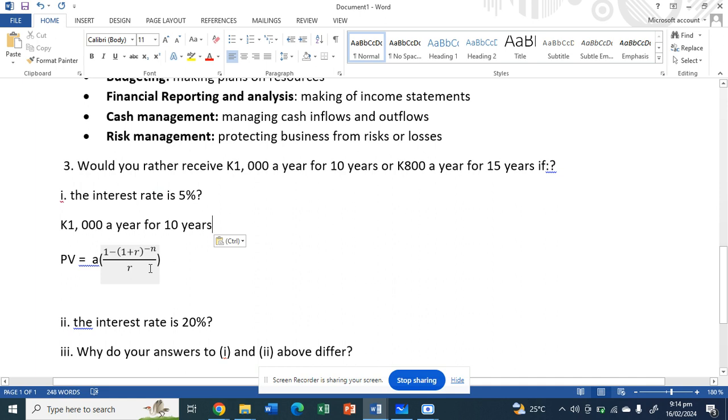Now, one thing you must realize is the relationship between the interest rate and these present values: as the interest rate goes up, the present value goes down. Okay, so let us first tabulate here.